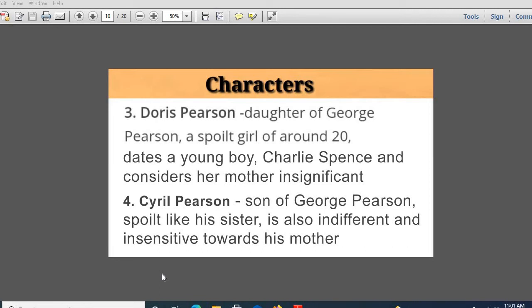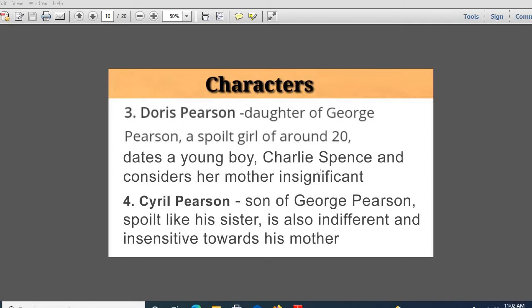Both of them consider their mother to be insignificant, and they are indifferent and insensitive towards her. They don't care about their mother at all, and her feelings and emotions don't have a place in their heart. They don't bother about their mother's feelings and emotions as such.